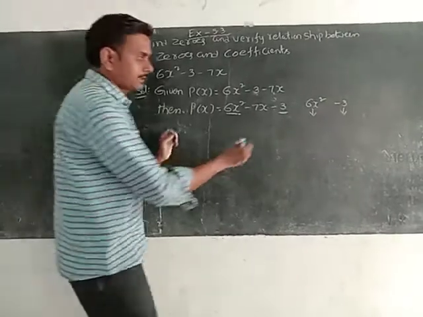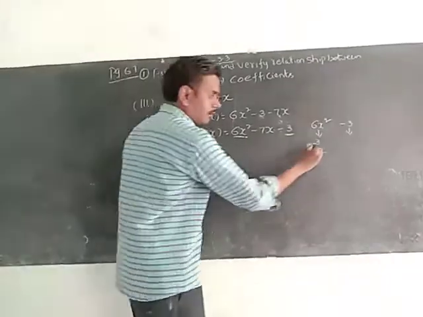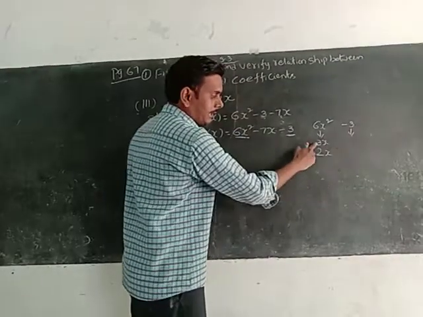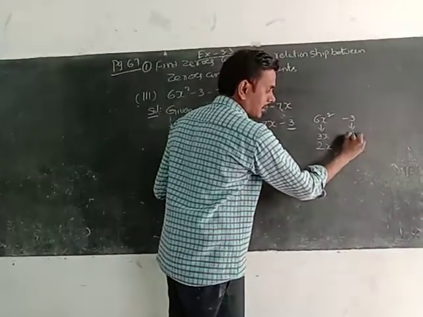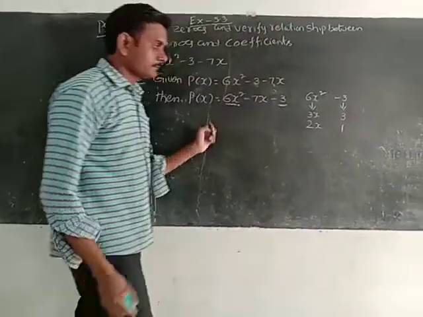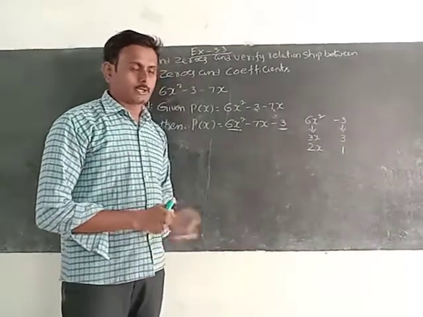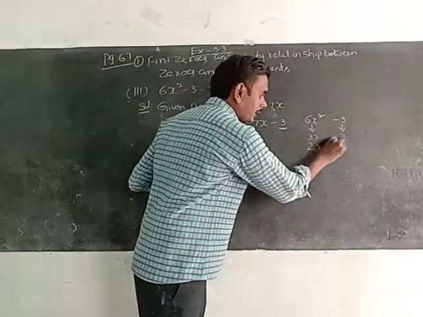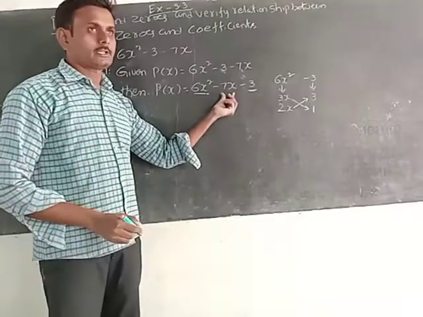In 6 we can write 3 times 2 is 6. Here write x, 3x into 2x, 6x squared. Here minus 3 also write, minus 3 into 1, or 3 into minus 1. By cross multiplication, we get the middle term minus 7x.